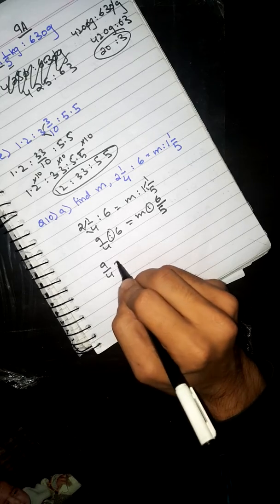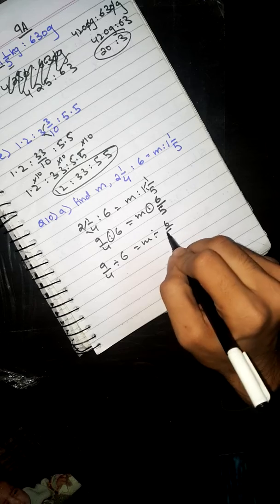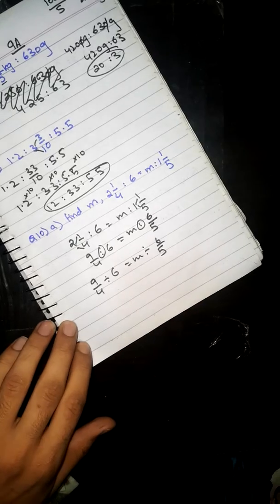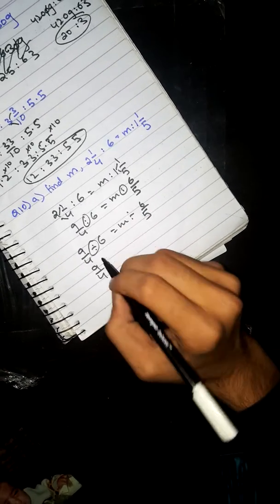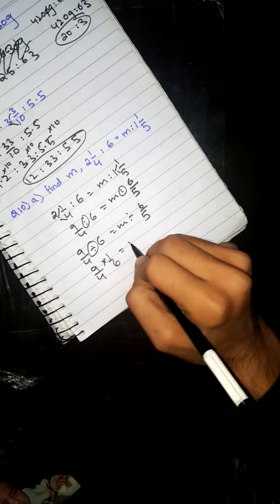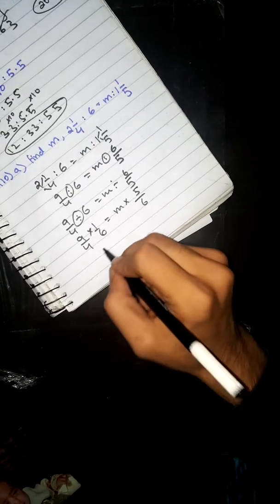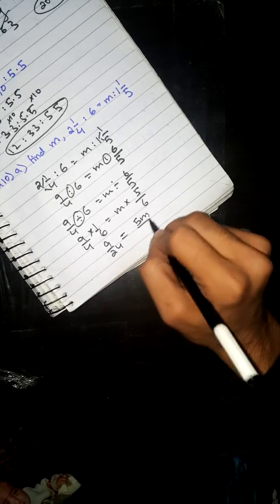So 9 by 4 divided by 6 is equal to m divided by 6 over 5. To change this into multiplication sign, we take the reciprocal. So it will come out to be 9 over 24 is equal to 5m over 6.